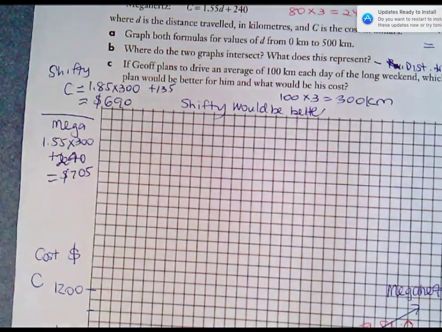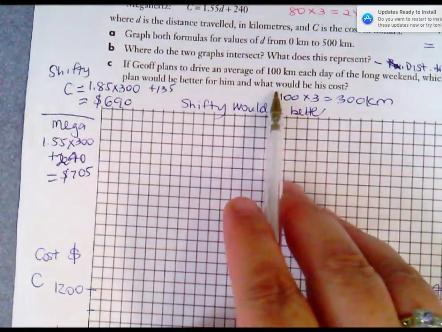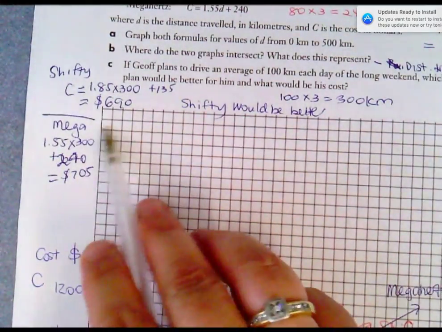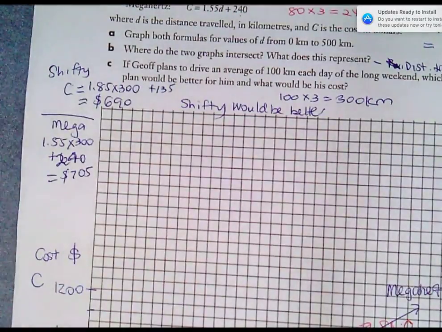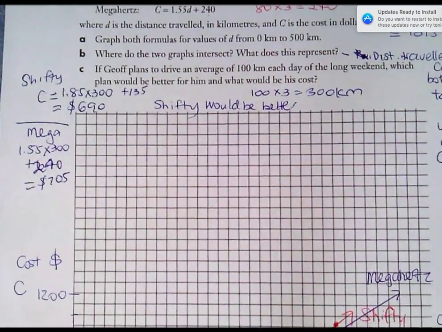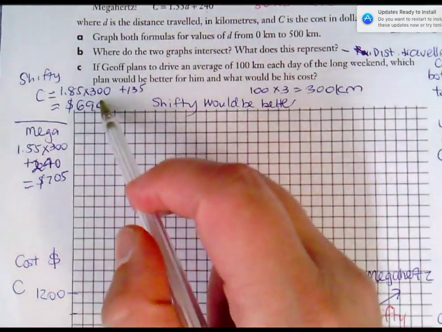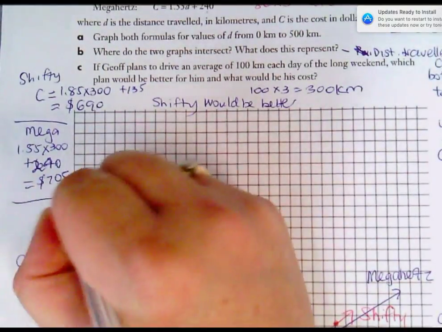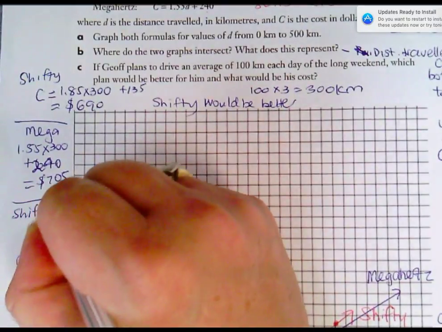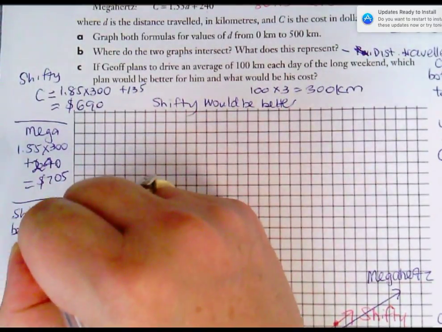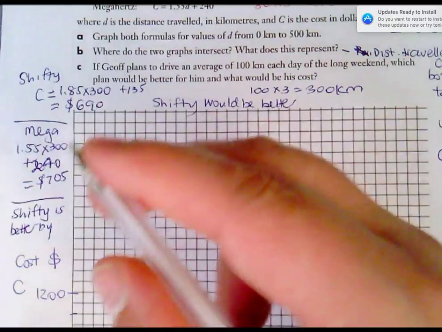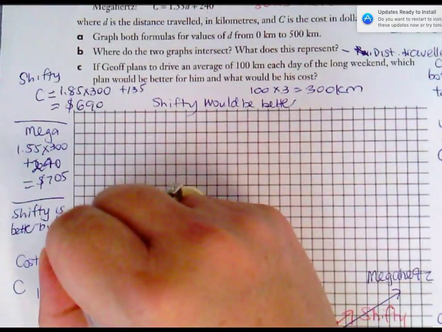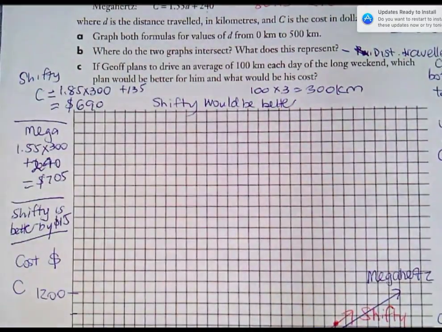Notice that it's $15 more expensive, but they're just asking you what would be the cost, and it would be $690. Okay. If they ask you which one would be better and why, you can see that the cost is below there on the graph. But if you want to do a dollar amount, Shifty is better by $15 because 705 minus 690 is $15. And that's the end of that question.